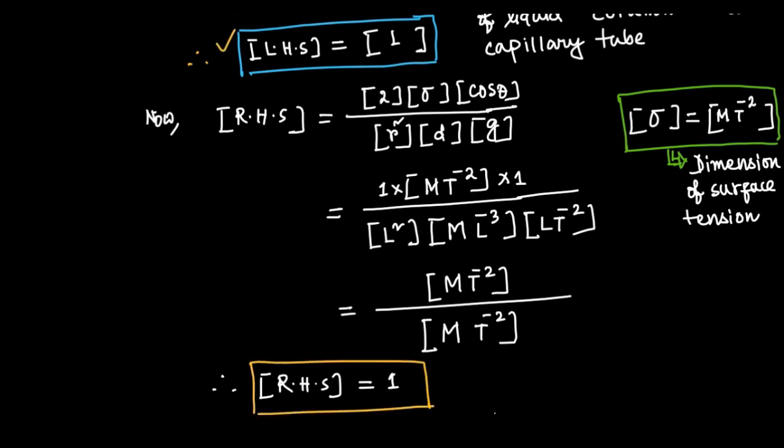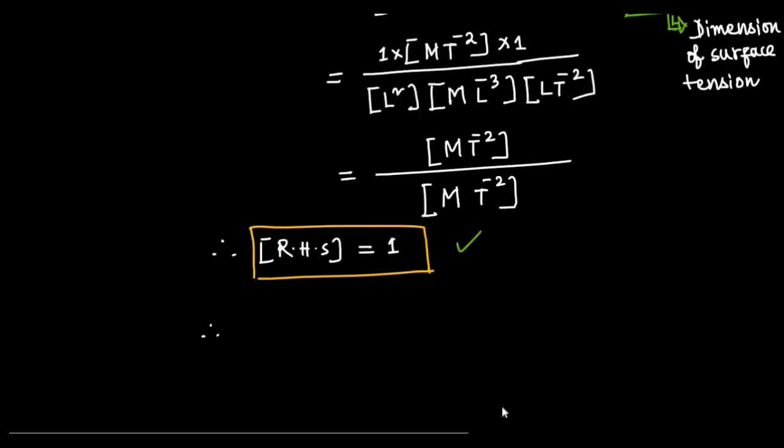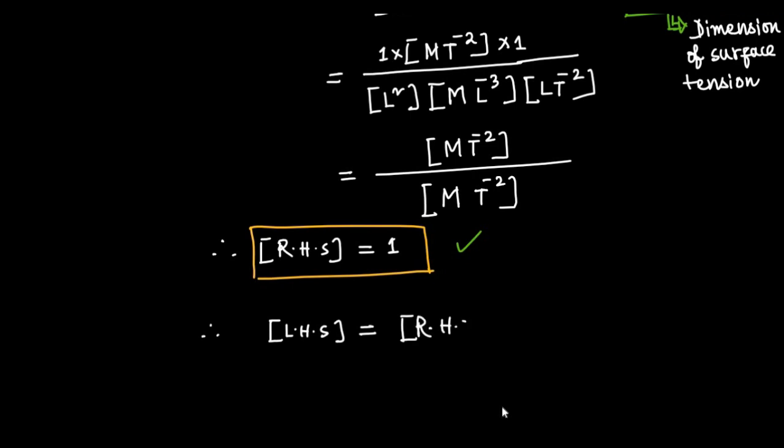Dimension of right hand side is equal to 1, and we got dimension of LHS as L, but dimension of RHS is obtained as 1. Therefore, dimension of LHS is not equal to dimension of RHS.